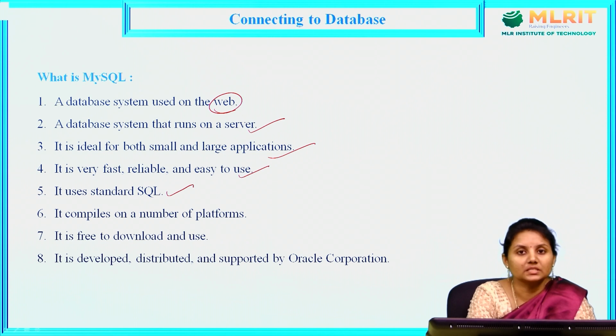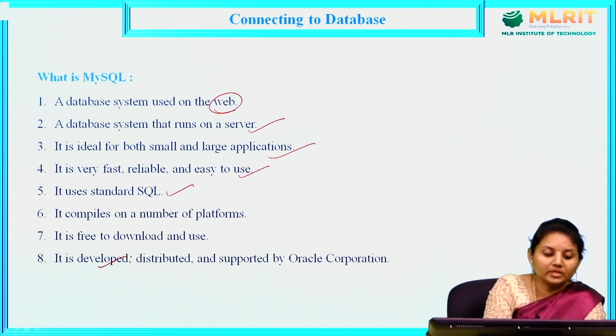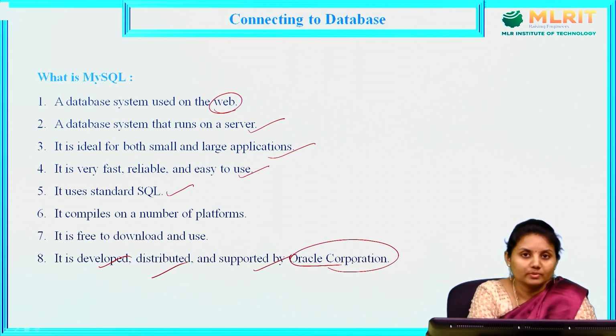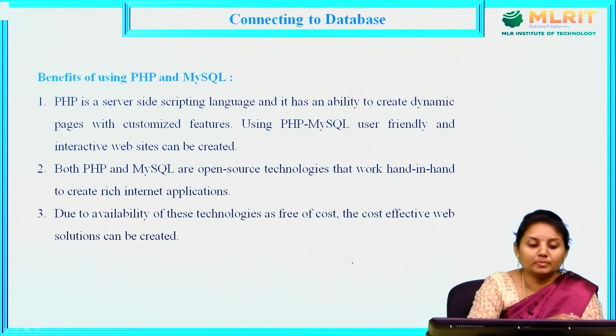That is the reason it is named XAMPP, where M stands for MySQL. It is developed, distributed and supported by Oracle Corporation. That is why it is used and integrated with PHP and MySQL on the server. So what are the benefits of using PHP and MySQL?